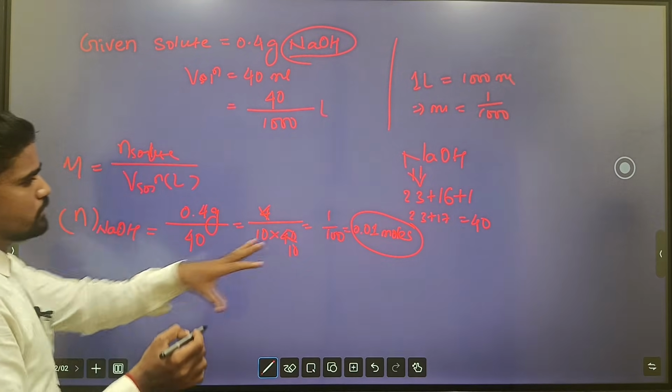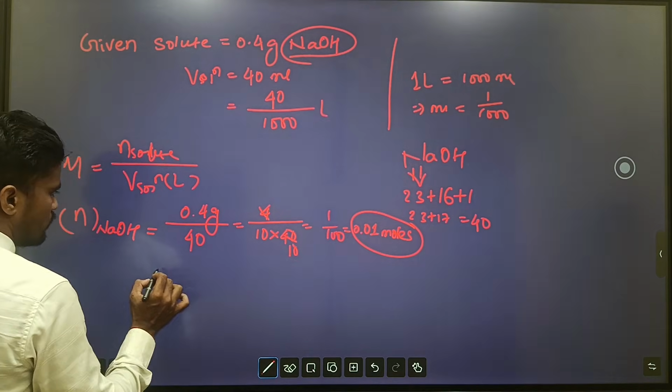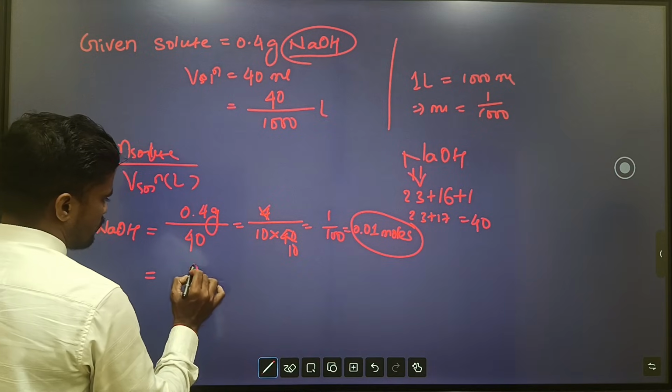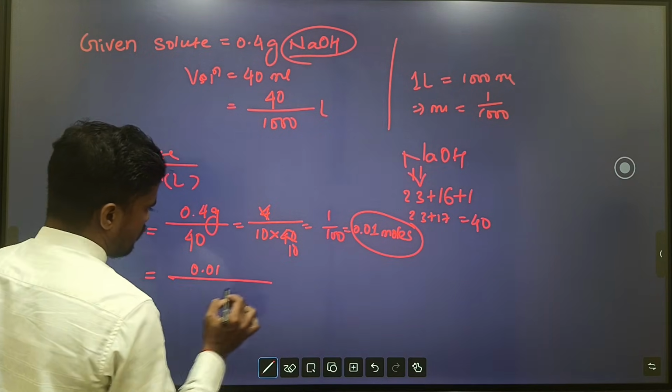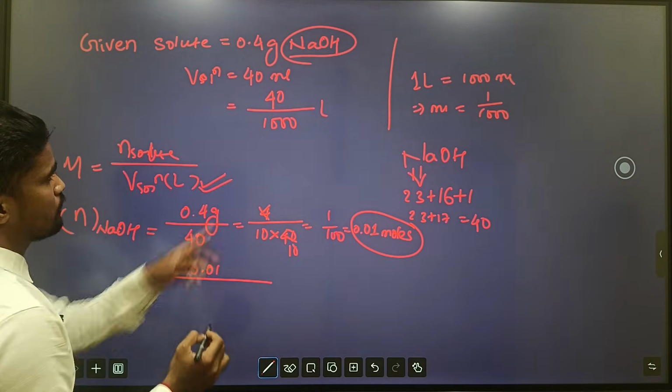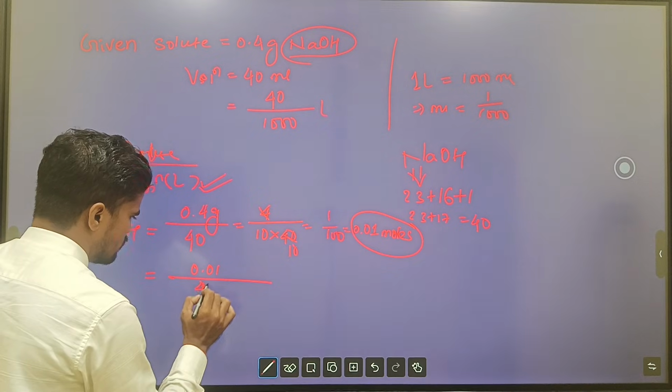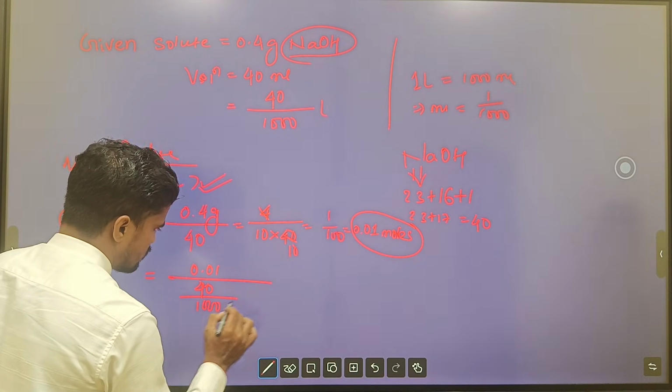Now we have to put the amount in the formula. So number of moles 0.01 divided by the volume of the solution. What is the volume of solution? 40 upon 1000 liter.